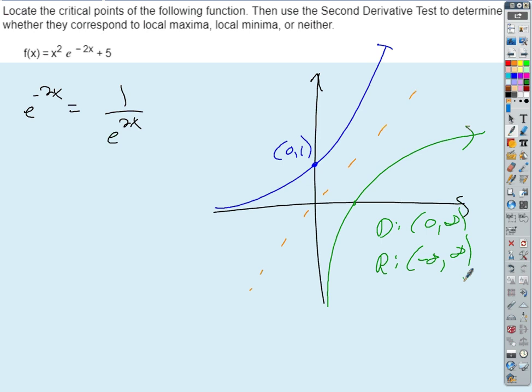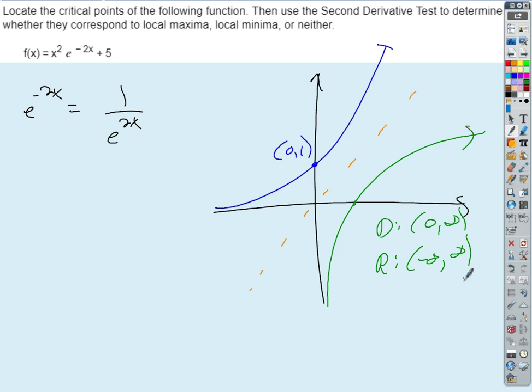Okay, so a little more review. What if our original function was e to the 2x? That would just be an exponential function, right? So for e to the negative 2x, essentially I'm just multiplying x by negative 1.